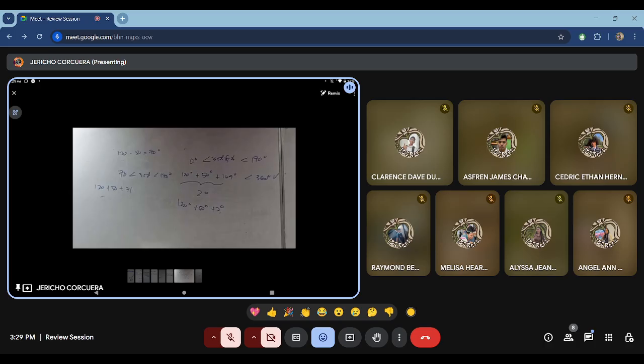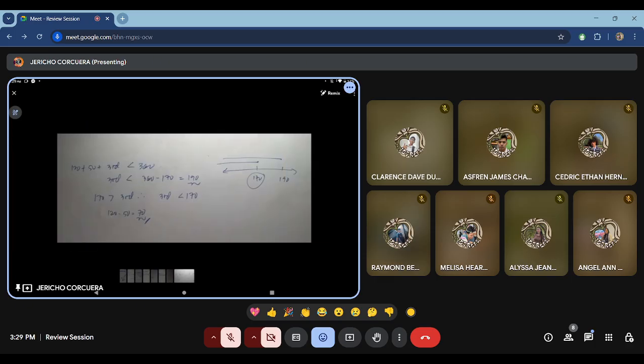So that is the explanation of the theorems here. We need to use the number line. So here's the solution to it. 120 plus 50 plus x, where x is the third face angle, is less than 360 degrees.